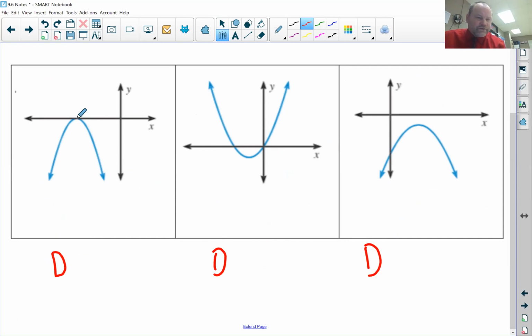If it touches the x-axis at that one point, that's when D is equal to 0. Touches at 2 places, this means it has to be greater than 0. And if it doesn't touch the x-axis, our discriminant is less than 0.